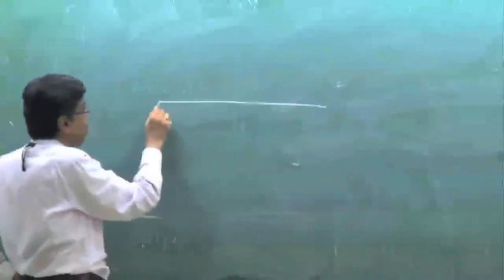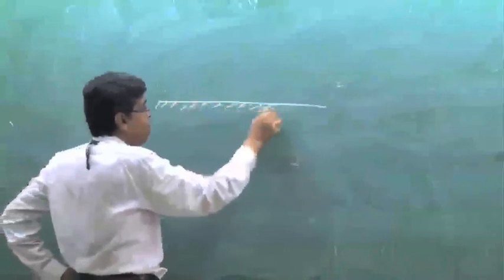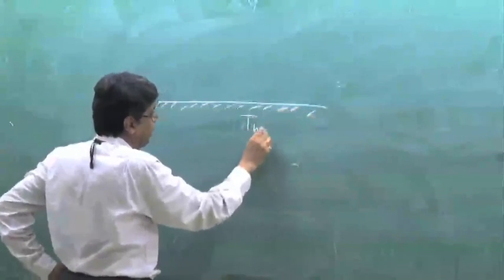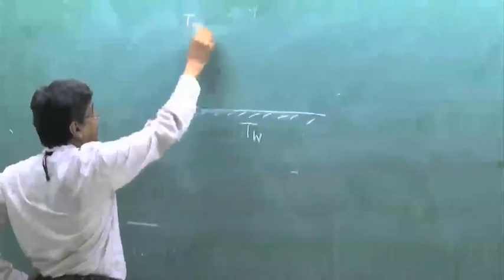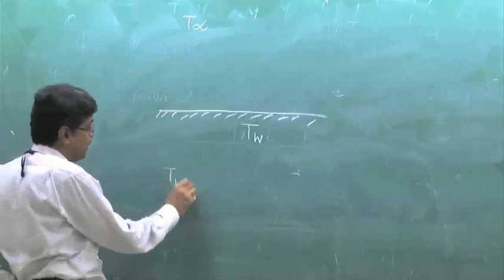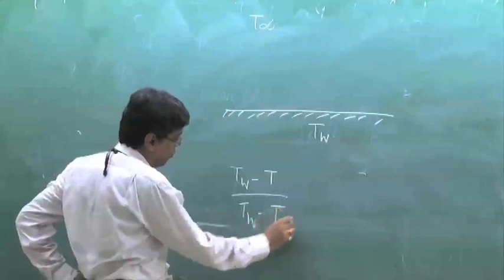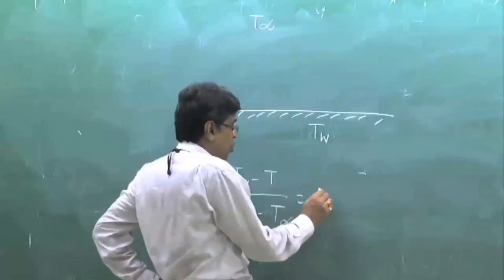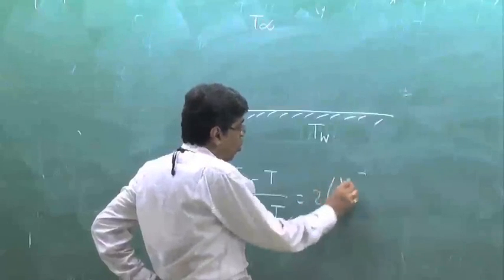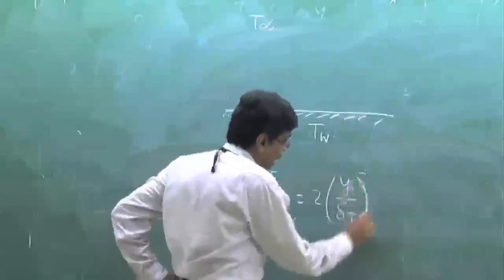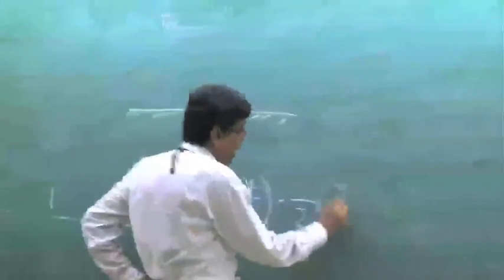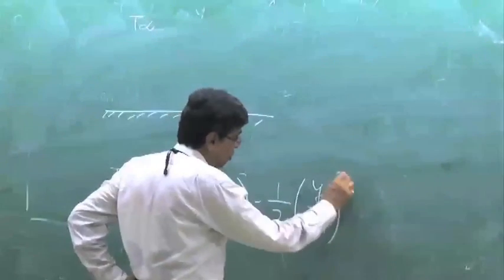like this. There is a flat plate at a temperature Tw, and there is a cold stream at a temperature T infinity. Now the temperature distribution is given by this, Tw minus T divided by Tw minus T infinity is 2y by delta T minus half y by delta T whole cube.